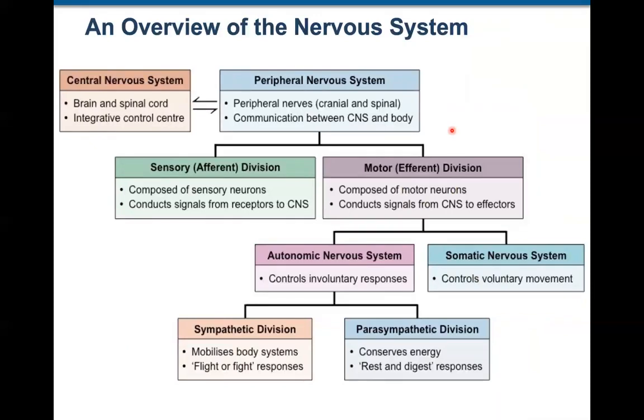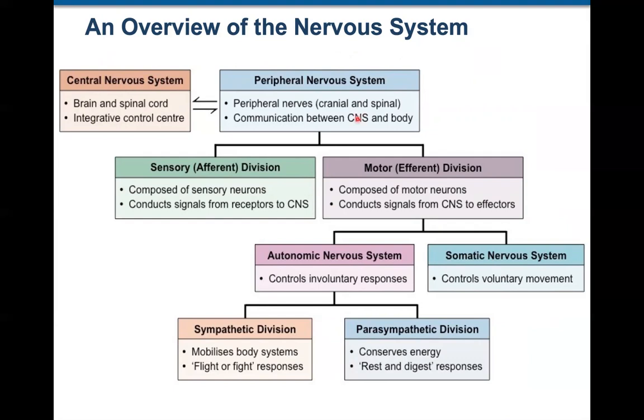So I wanted to show this table, and I'll show it a couple of times. That is the overview of the nervous system. And we talked about the central nervous system, and we are looking at it in lab. And then the peripheral nervous system is everything that's outside of the central nervous system. So the peripheral nerves, which are the cranial and spinal nerves.